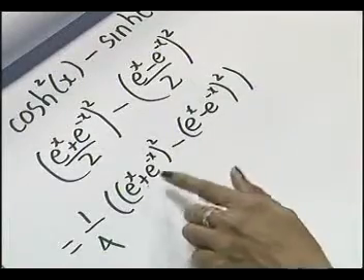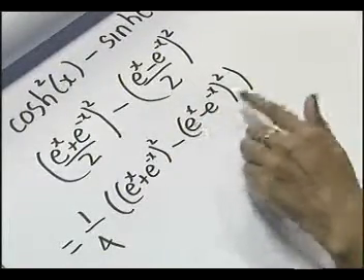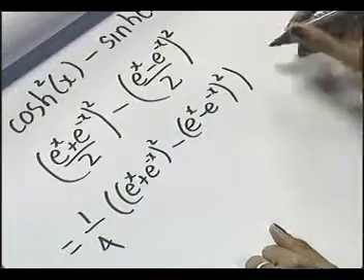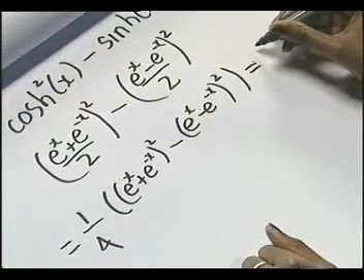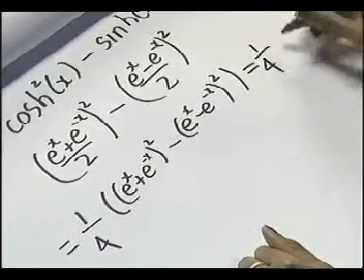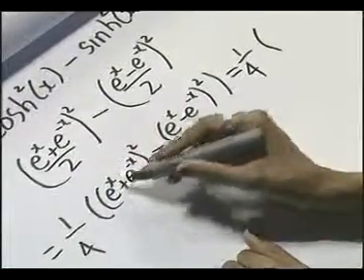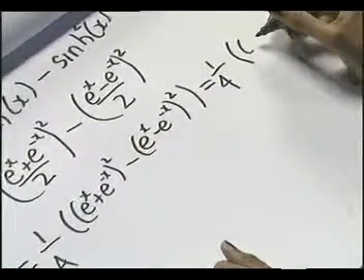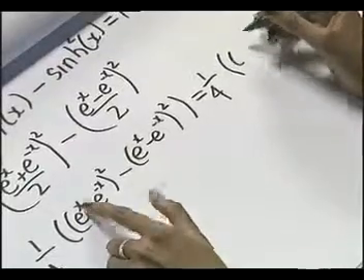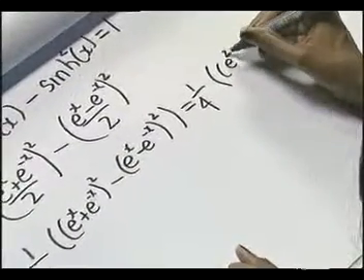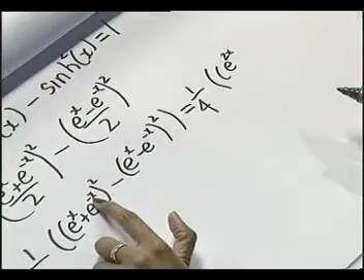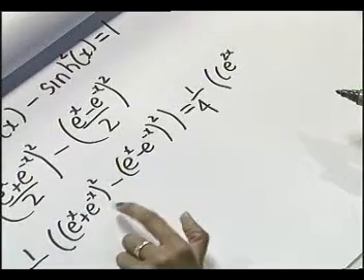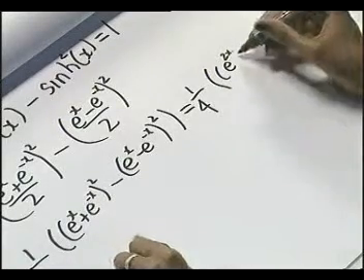Now we want to expand out these squared brackets. So these brackets are going to be e to the x times e to the x, which is e to the 2x. And because e to the x times e to the minus x is 1, and we get that happening twice, we get a plus 2 here.